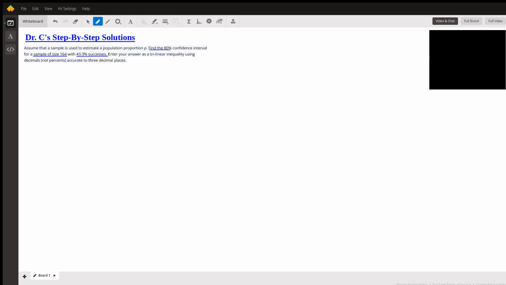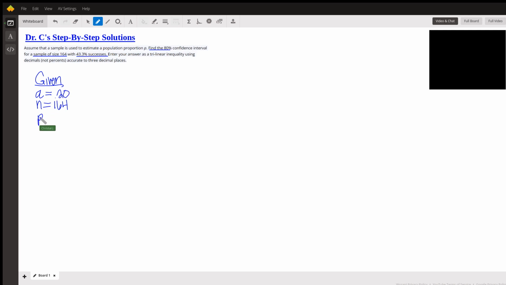So if one had to write out the givens, it would be 80%. If we're 80% confident, that distinctly means that we are 20% not confident. So our alpha is 0.2. Our sample size given by the question is 164.